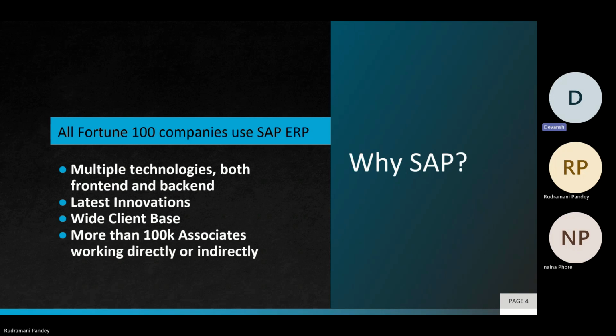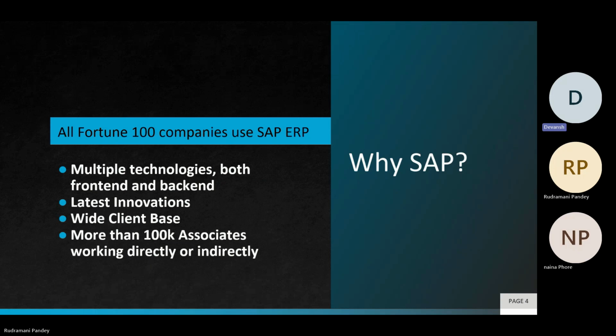Because such 100 Fortune companies are using ERP, they need to keep using it, because they can't change SAP; if they try to change it, it will be a very big cost burden on them, which is not possible. Hence they will incorporate these new additional changes, and hence there are going to be a vast number of new developments for these companies because of technology change coming in SAP.